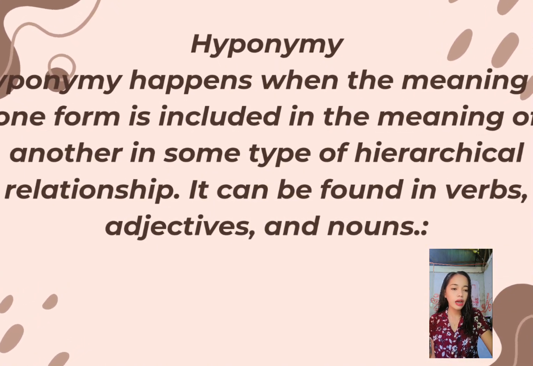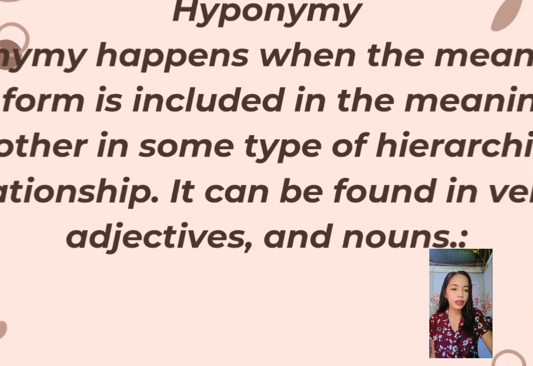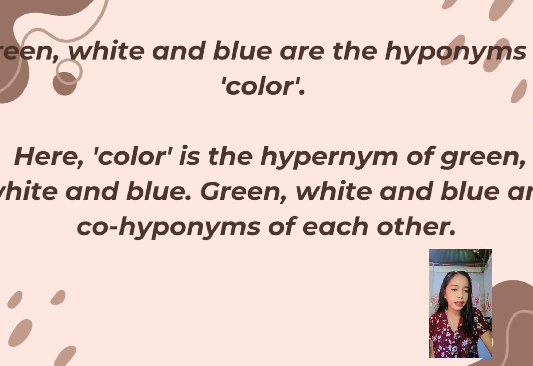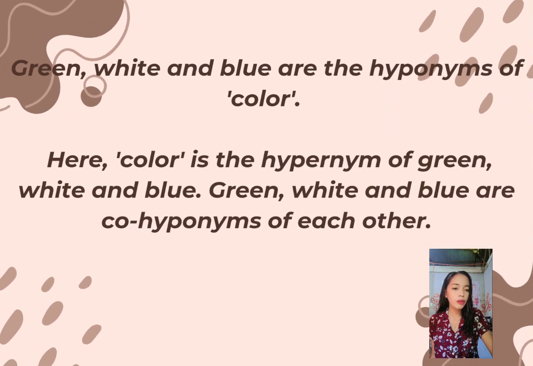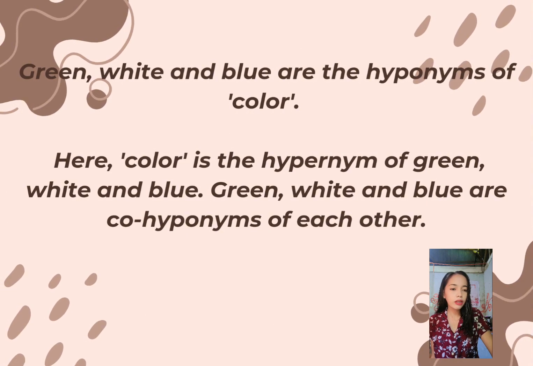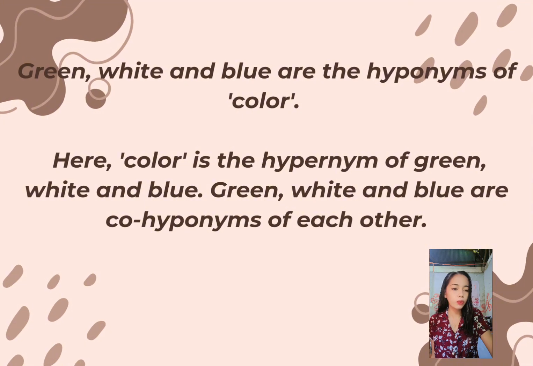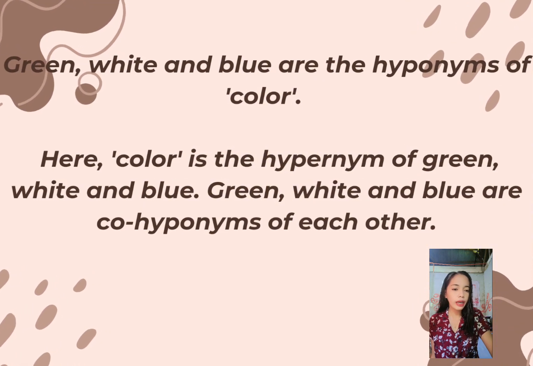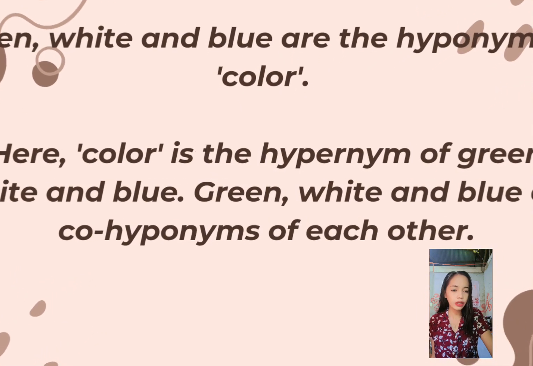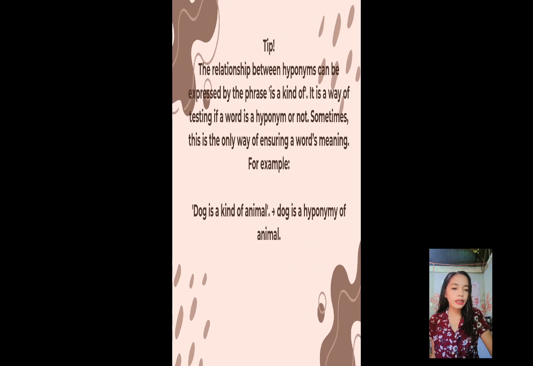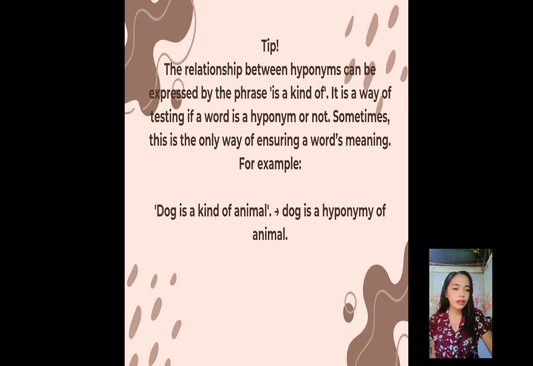Take a look at the examples below. Green, white, and blue are the hyponyms of colors, and here colors are the hypernym of green, white, and blue. Green, white, and blue are co-hyponyms of each other. Tips. The relationship between hyponyms can be expressed by the phrase "a kind of."